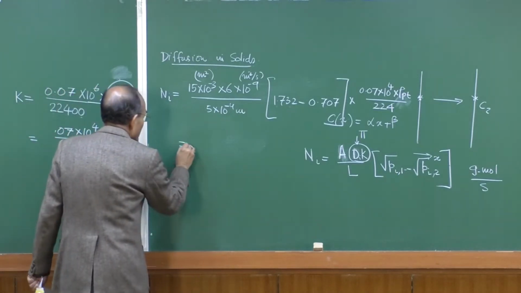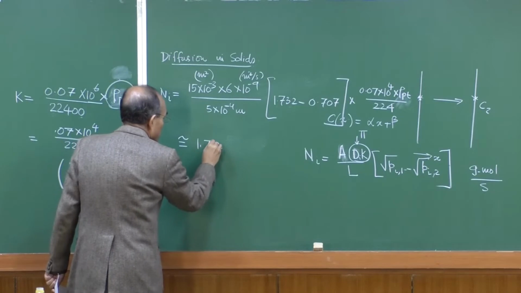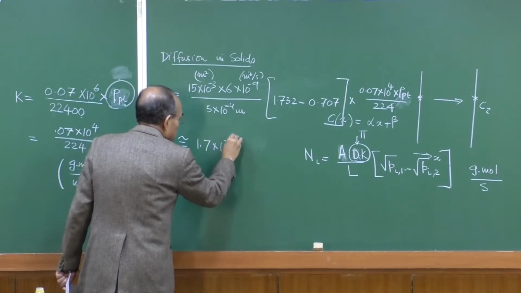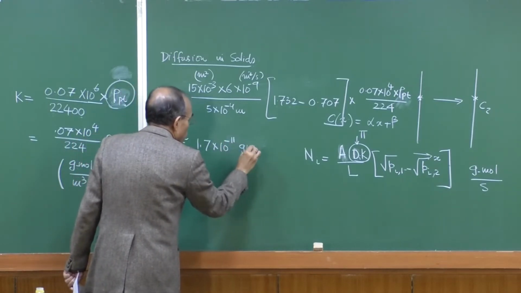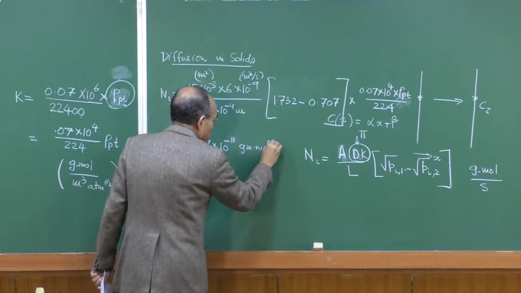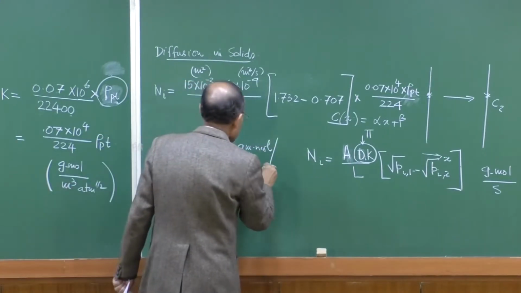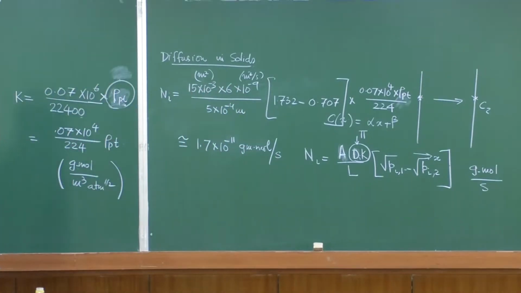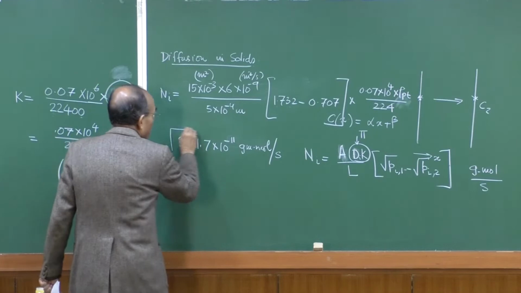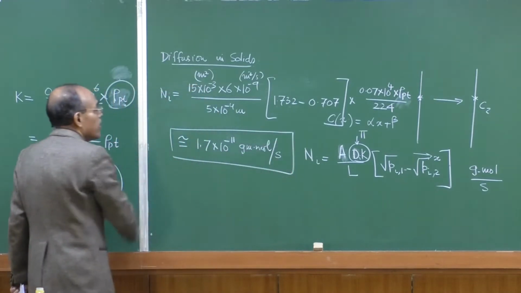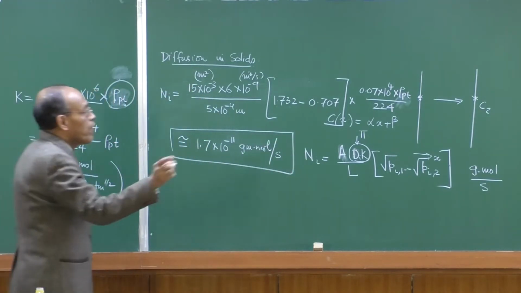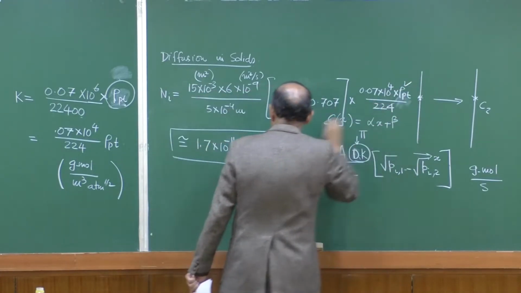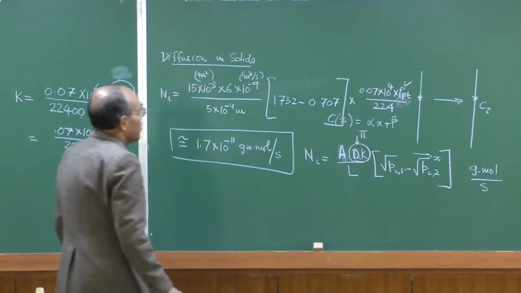that this comes out to be roughly 1.7 into 10 to the power minus 11 gram mole. So, that is the net rate of permeation of hydrogen. Okay. So, please substitute the value here and check whether you get the same value or not. Okay.